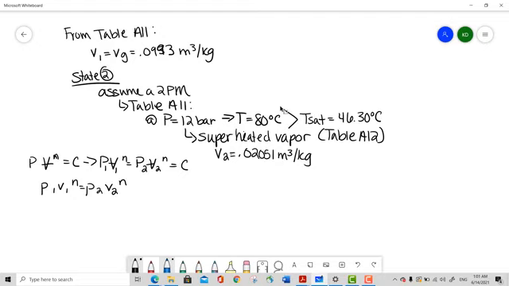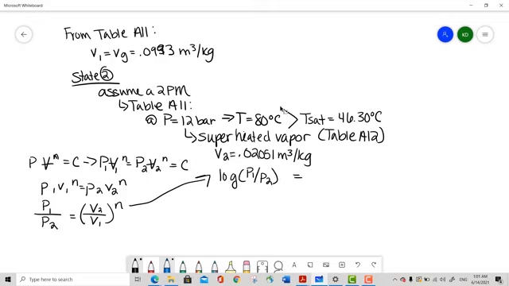Let's get it into something that we can actually use though. P1 over P2 equals V2 over V1 to the N. And then now we need to get rid of this N, so we're going to take the log of P1 over P2, and then that equals the log of V2 over V1 to the N.